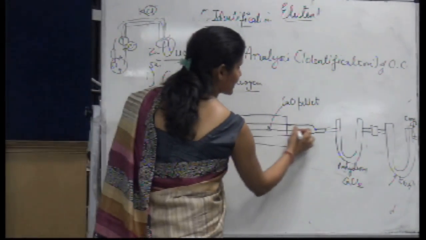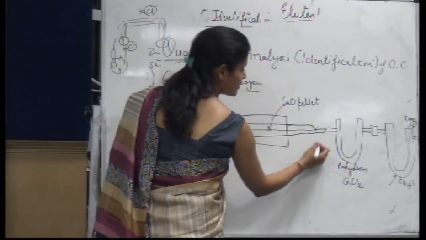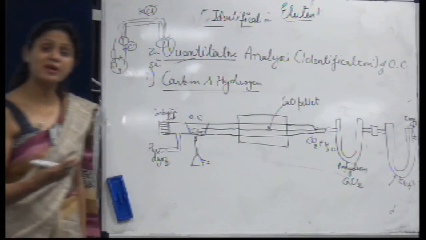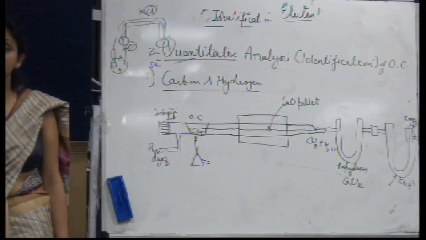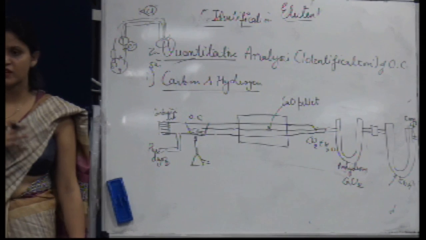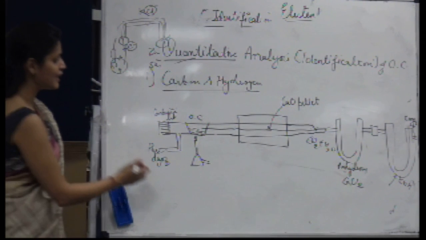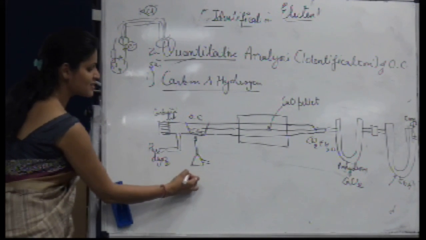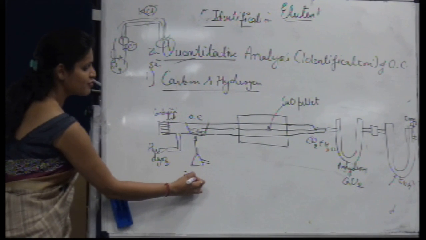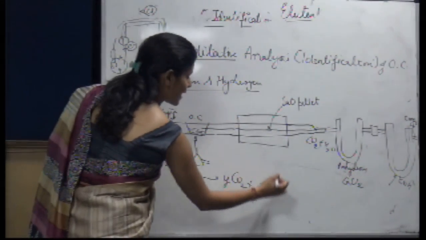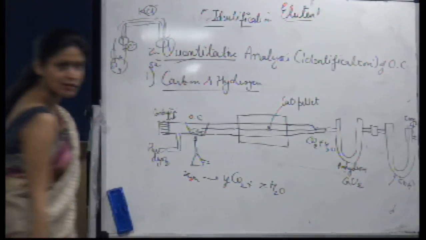When these gases pass through it, what are the gases? CO2 and H2O. So how do I measure how much CO2 and H2O I have got? Because if I know the amount of carbon dioxide and water, I can estimate: I had taken X grams of organic compound, which gave Y grams of CO2 and Z grams of water.